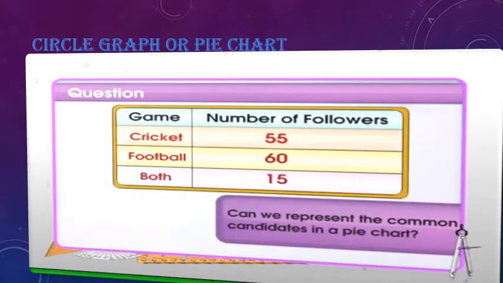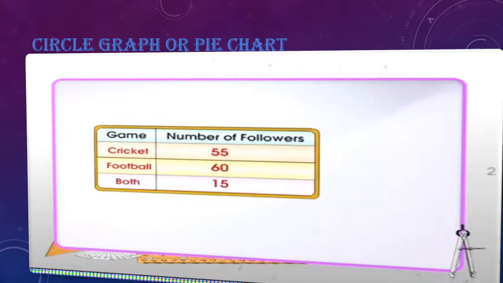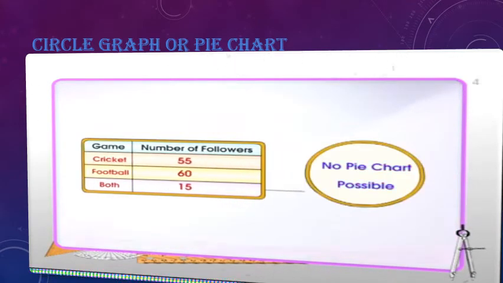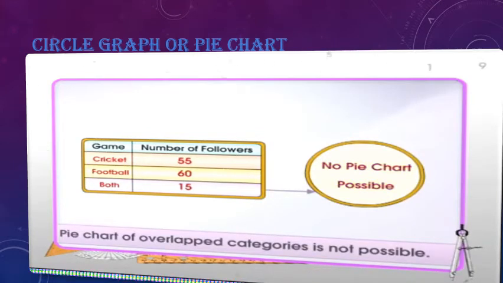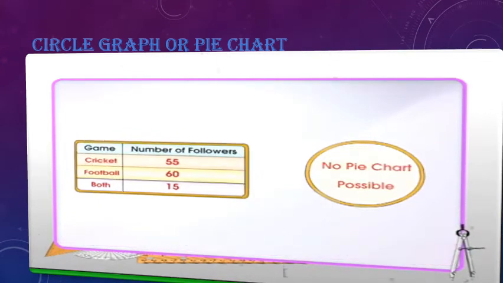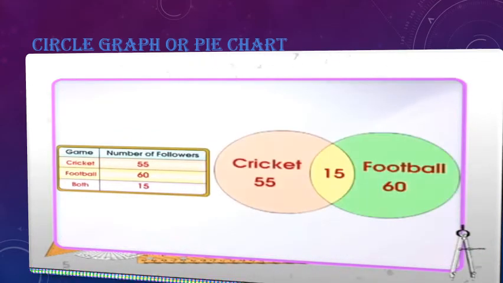Now the challenge is, can we represent the common candidates in a pie chart? The answer is no. Such types of overlapping data can never be represented by a pie chart. Pictorially, it can be represented by overlapping circles.